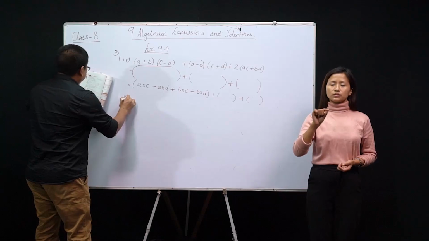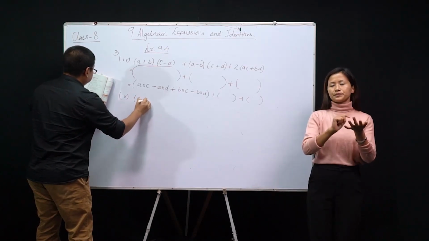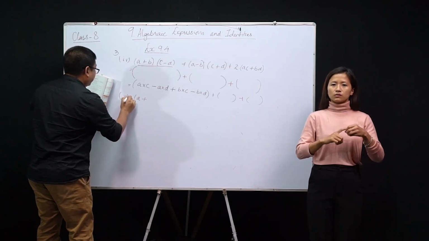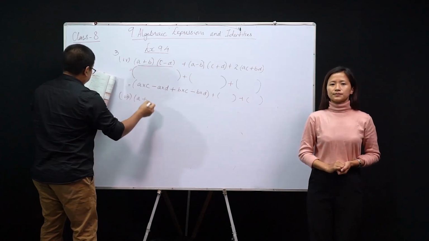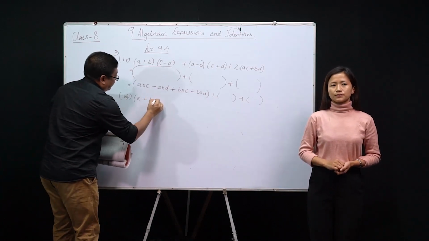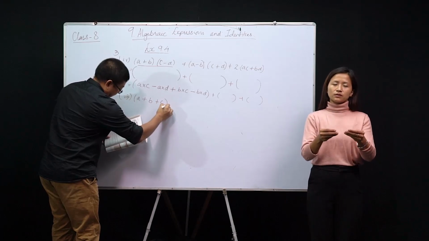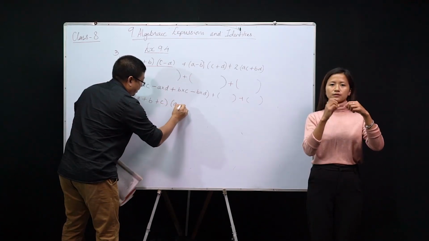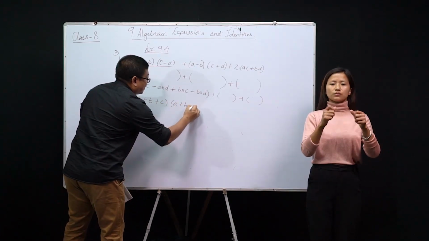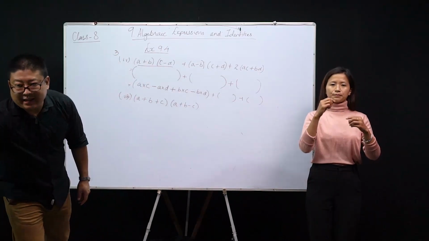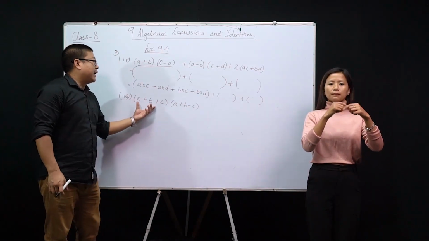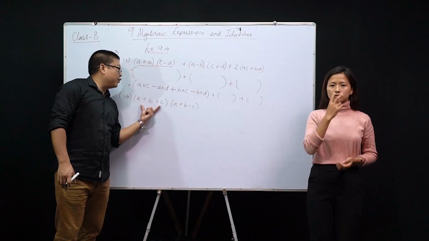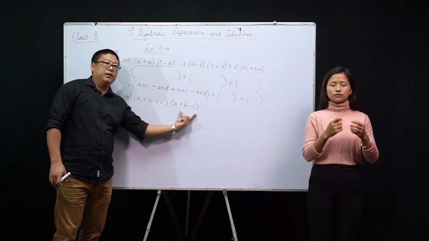And for the last part, question number 8, it is given (A plus B plus C) into (A plus B minus C). Now this is a different scenario here. We see a trinomial into a trinomial, alright?